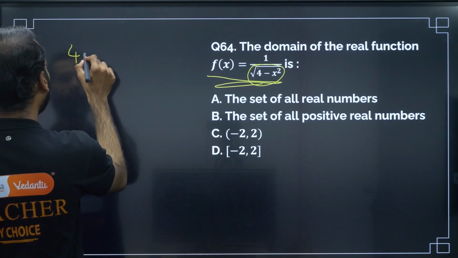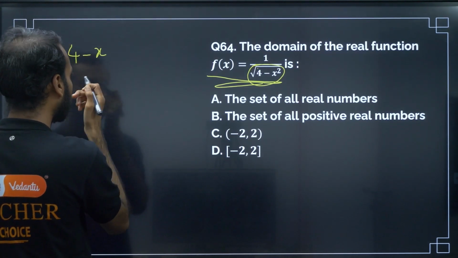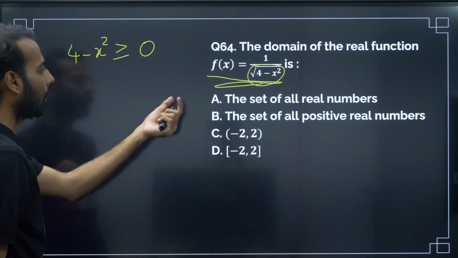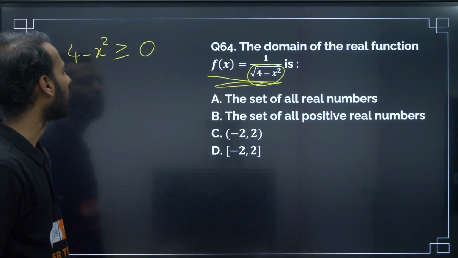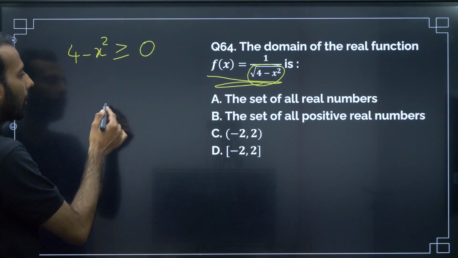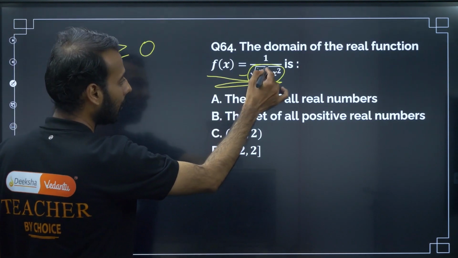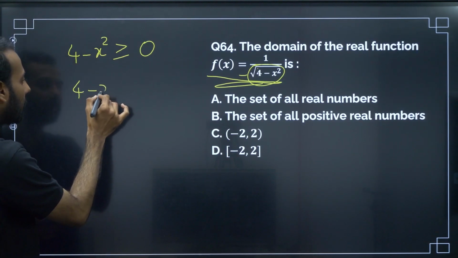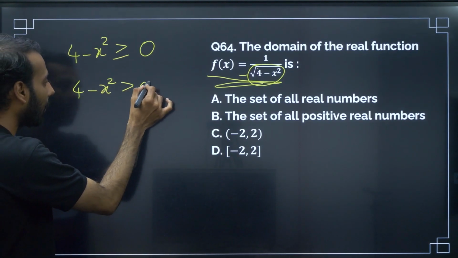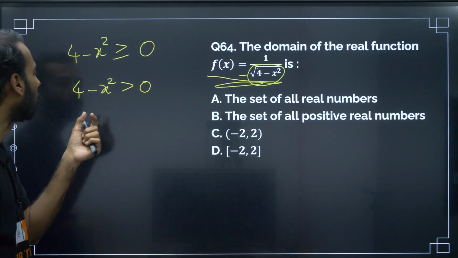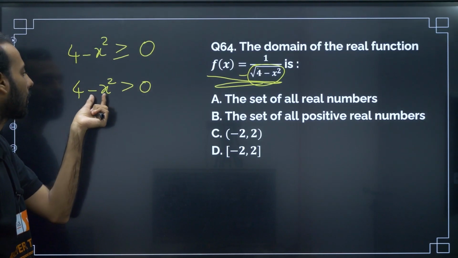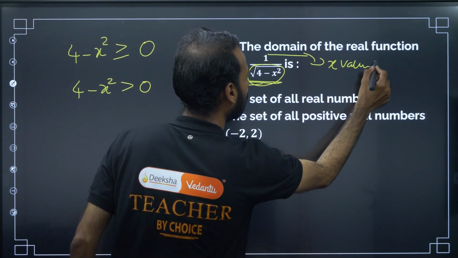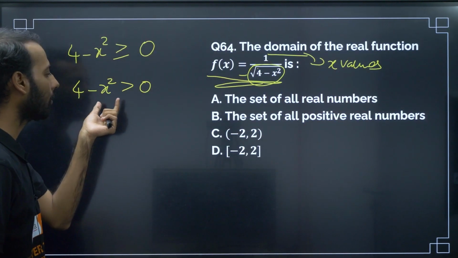Whenever a square root function comes, that has to be greater than or equal to 0. That is the condition for the square root function to exist. And one more thing, here the square root function is present in the denominator. Whenever some function is present in the denominator, that has to be greater than 0, means that should not be 0 also. So this is the condition. If you solve this condition, we will get the domain, means x values.